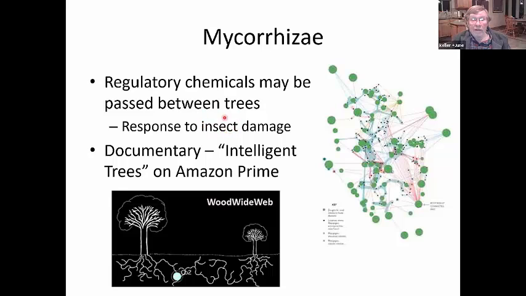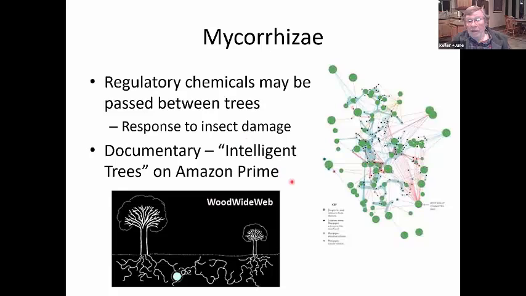And that chemical then can be passed through the fungus to other trees in the vicinity so that they may be pre-warned, so to speak, so that they can already start to have a response before the insect actually damages it.